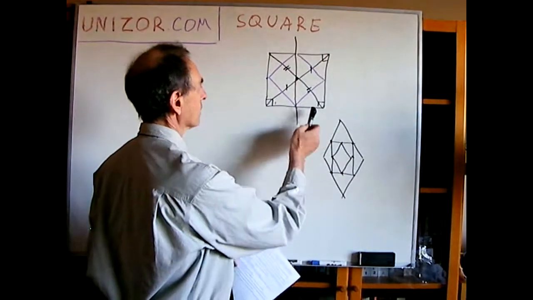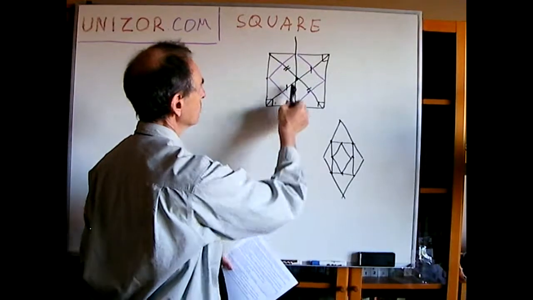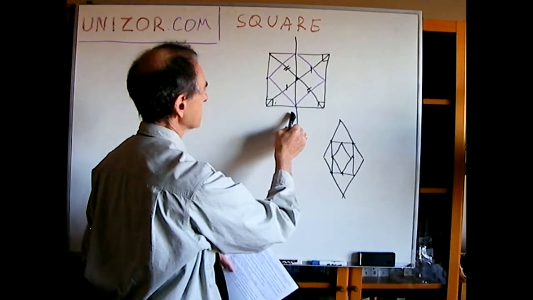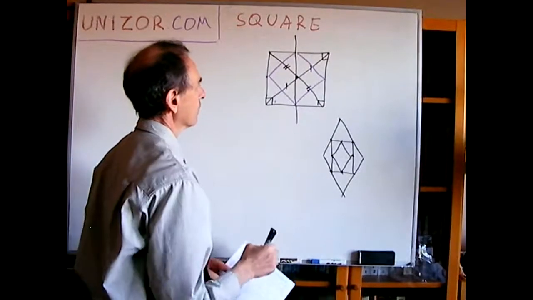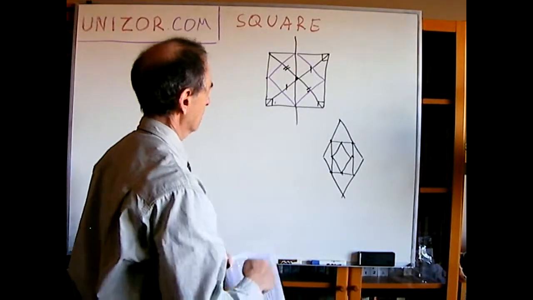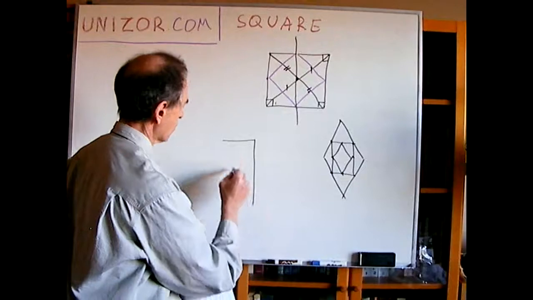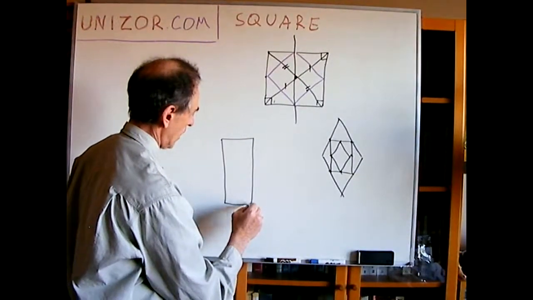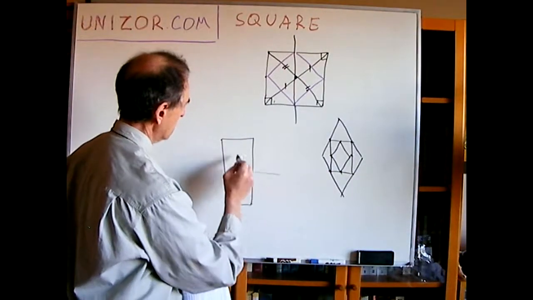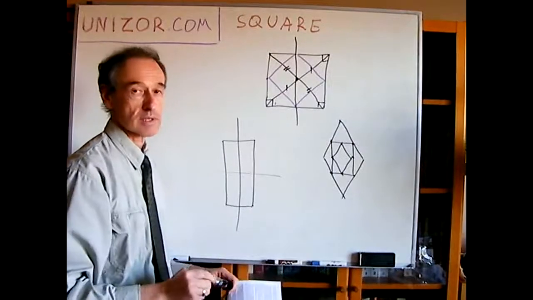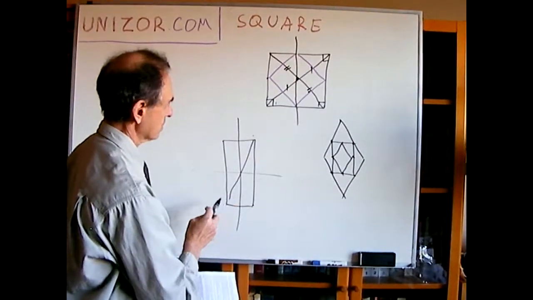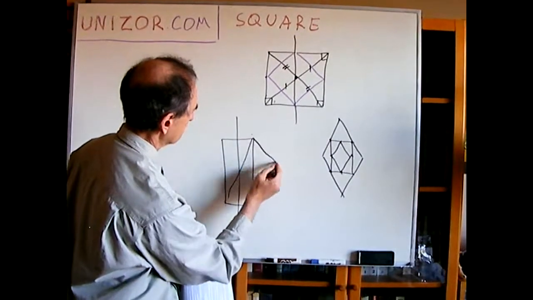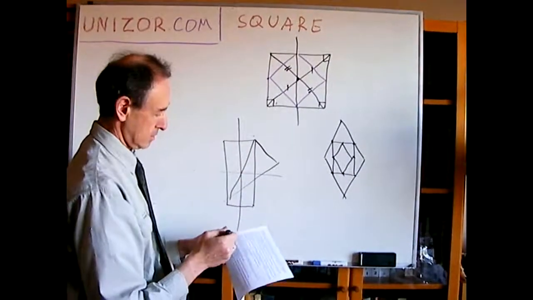For a rectangle, the line which connects midpoints of opposite sides is an axis of symmetry. Let me just draw this type of rectangle. Now you see that this and this are axes of symmetry. Diagonals are not axes of symmetry. If you turn this into this, it will be something like this, right?